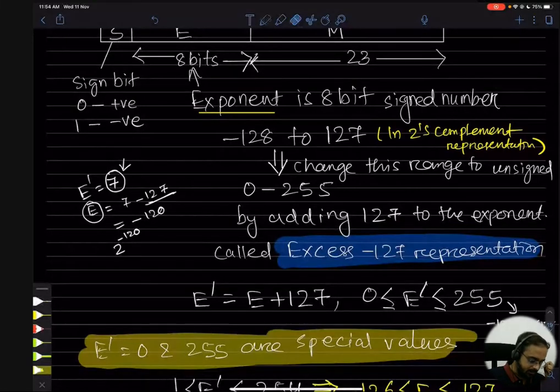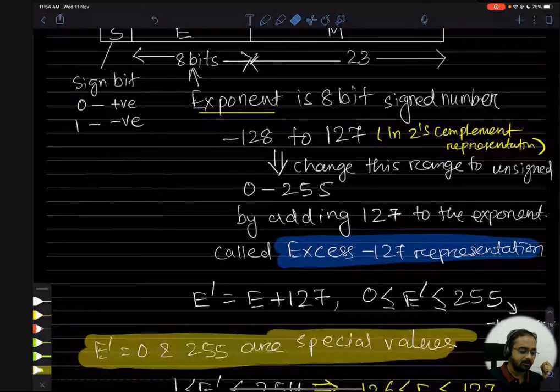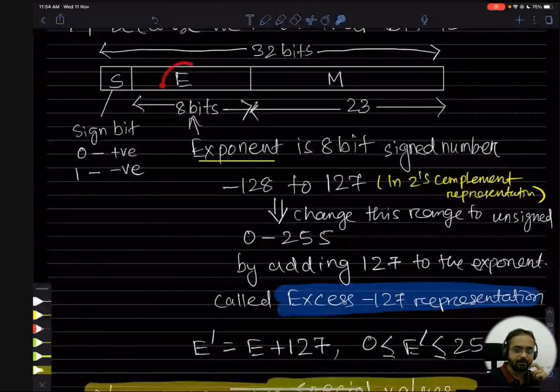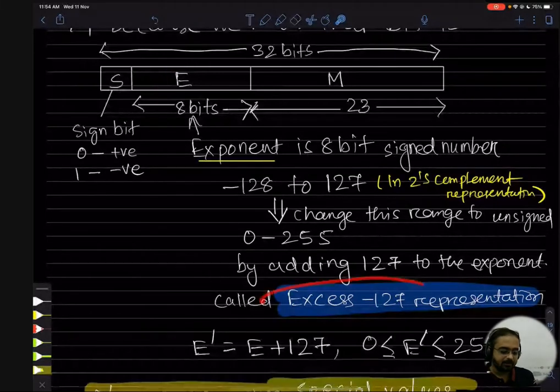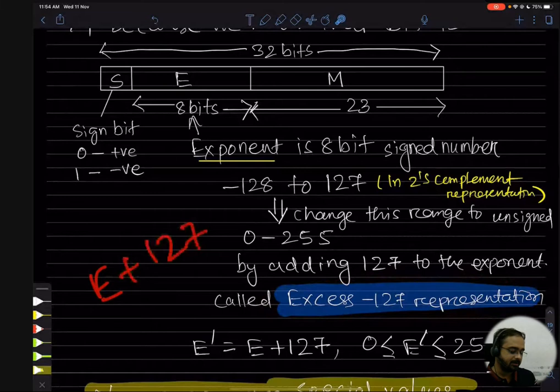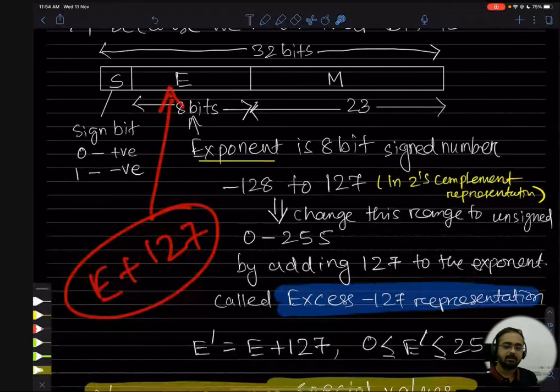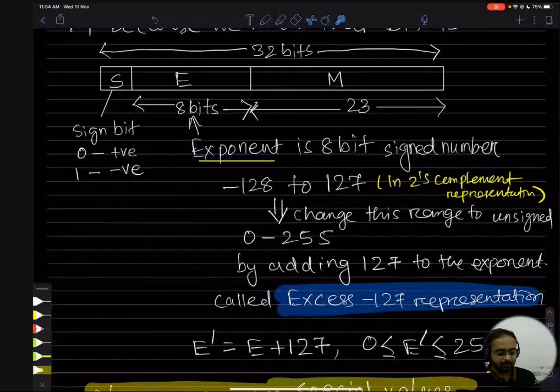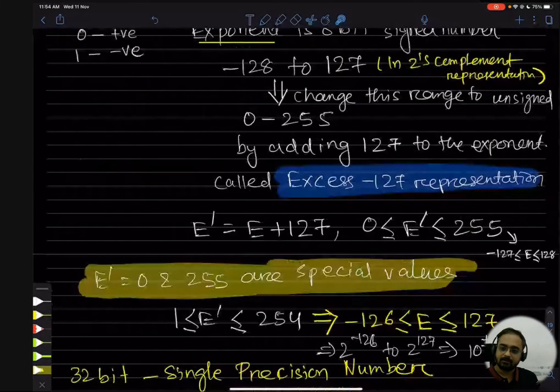Got the logic? The logic is that don't use 2's complement representation in this exponent, use excess 127 representation. Whatever the exponent is, add 127 to it, convert it into a positive number, and store it inside this 8-bit format.